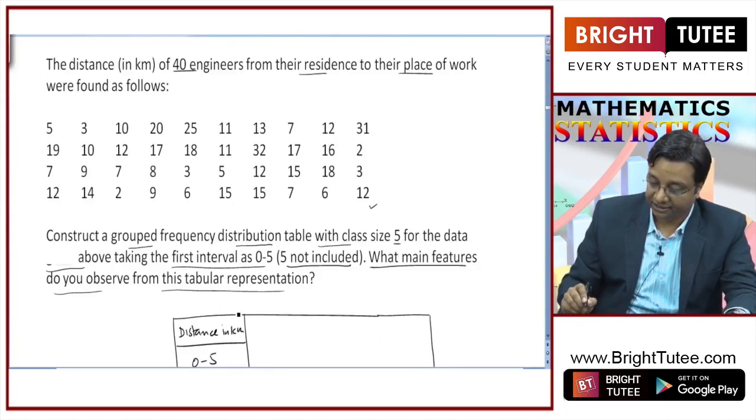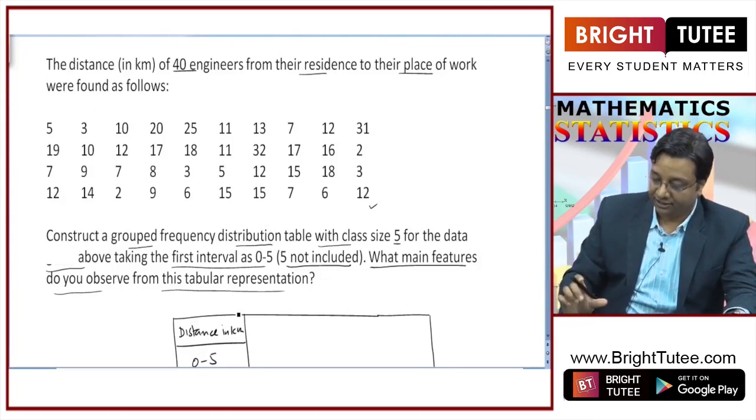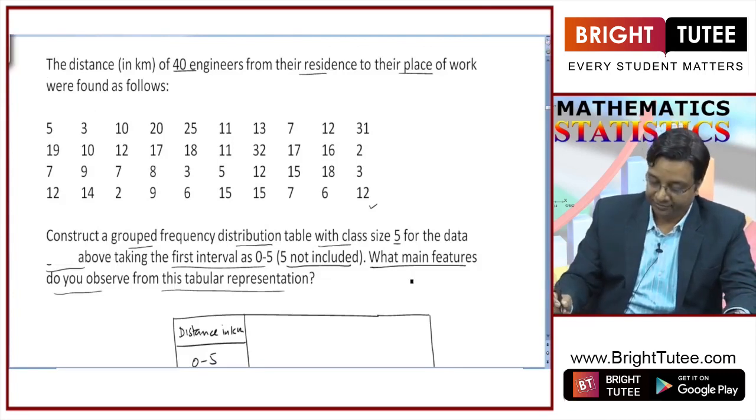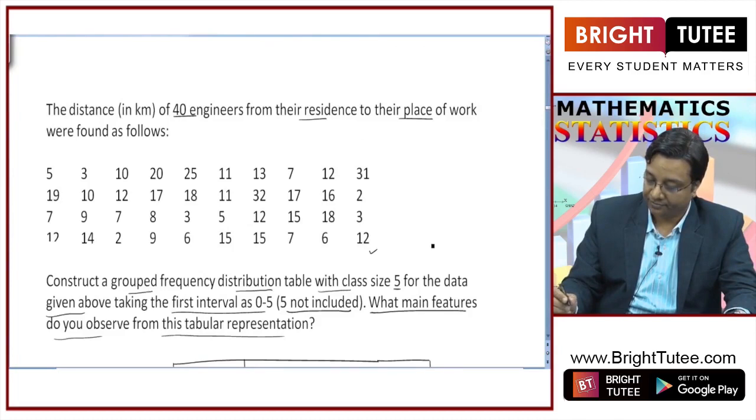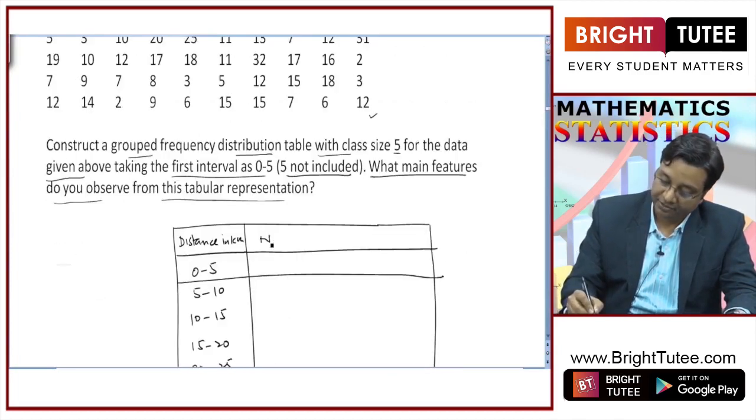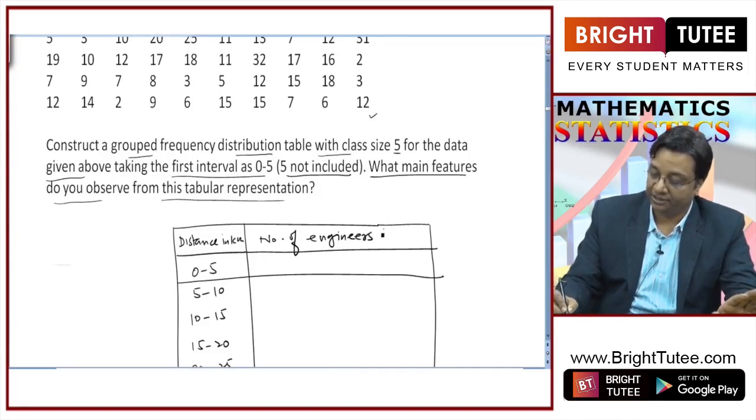I don't think there is any data which is more than 35. So this much classes would be enough. Now, number of engineers, or in other terms we can say frequency.